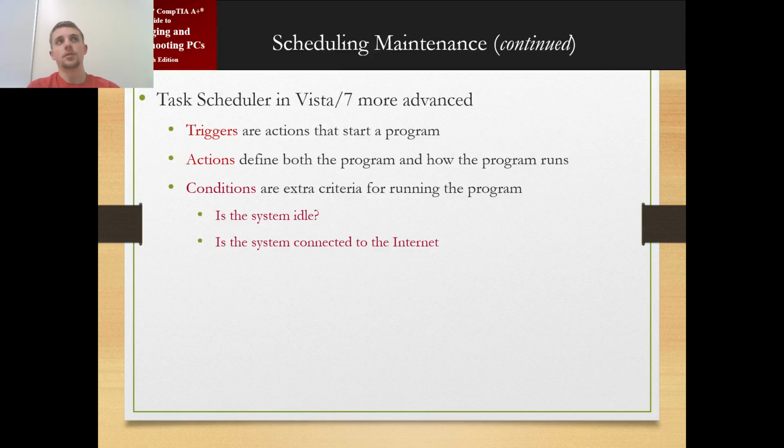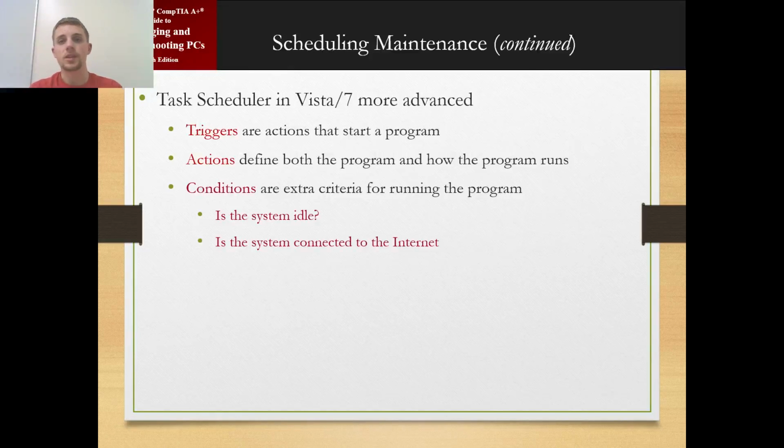So the trigger is what you want to happen that makes this task run. So I think it's like a time. You could do it at log on, you could do it at log off, when the computer turns on. Some of them actions, it's just what you want to happen.